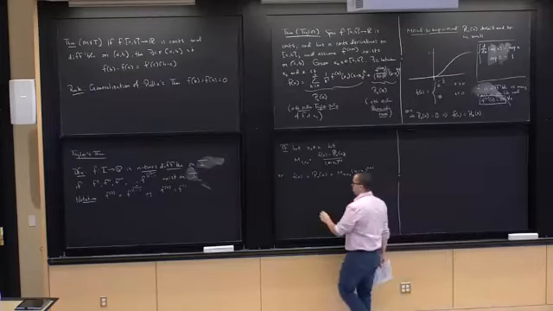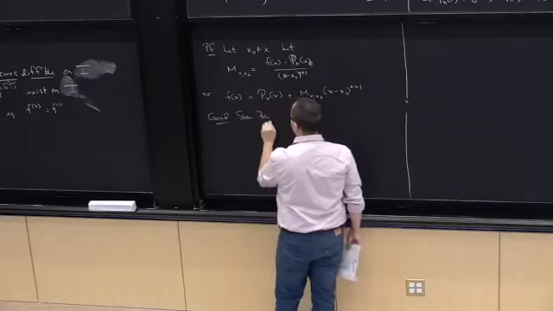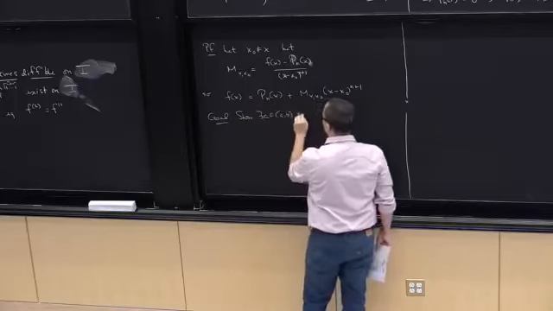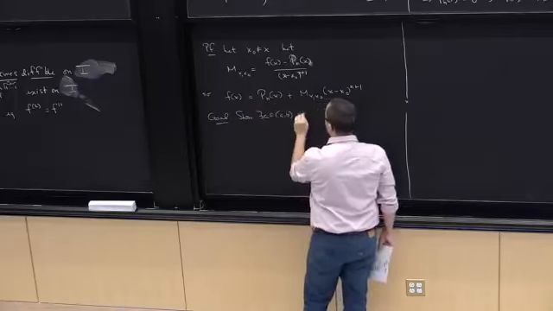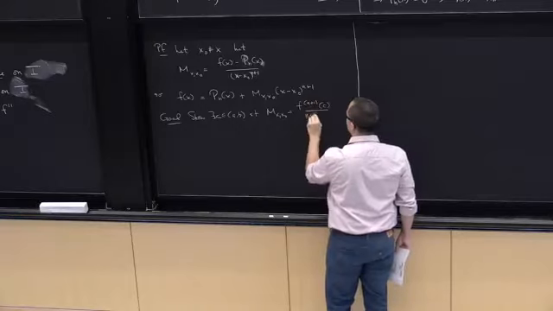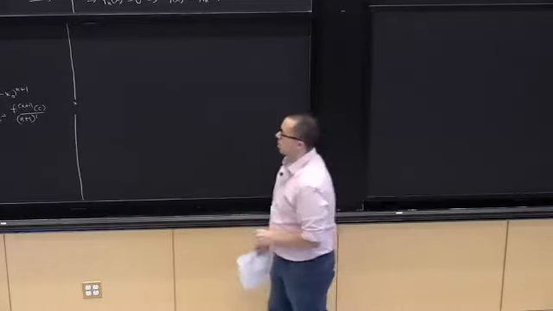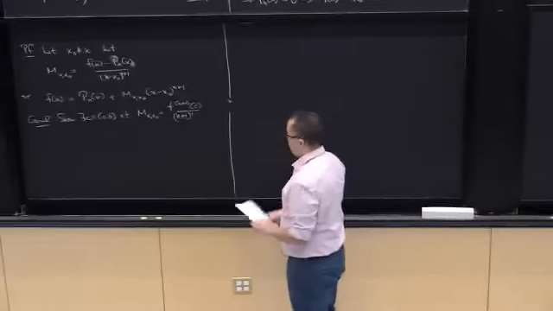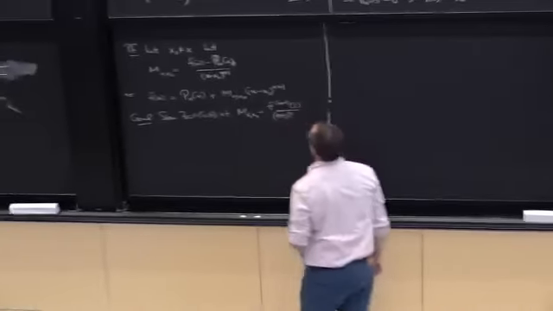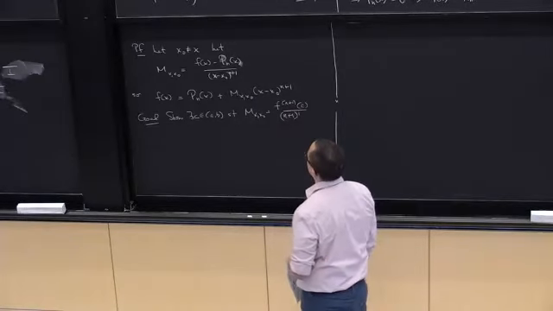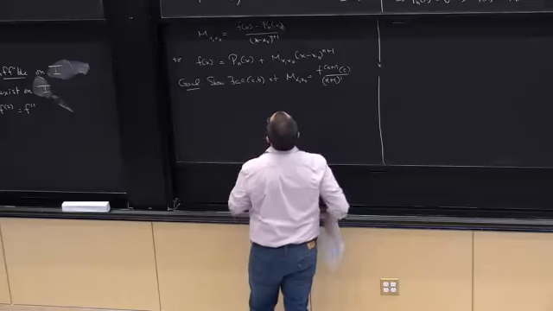So now the goal: show there exists a c in (a, b) such that M equals f^(n+1)(c) over n plus 1 factorial. Okay? Okay, so now what is the defining characteristic of this nth order Taylor polynomial, evaluated with respect to x0?